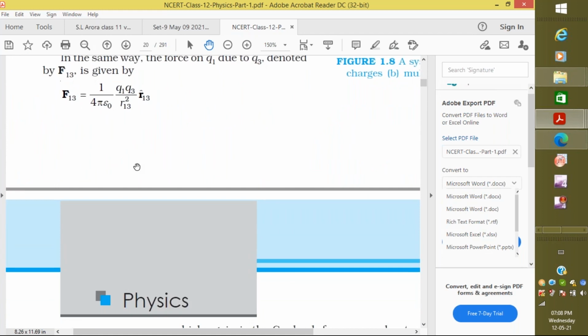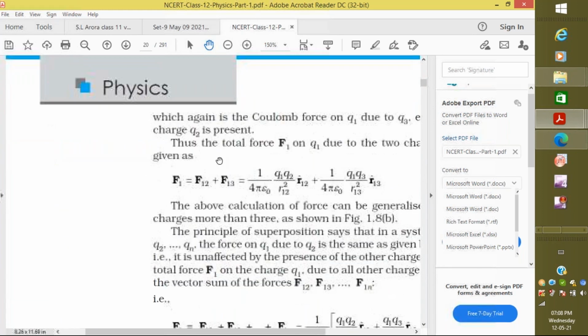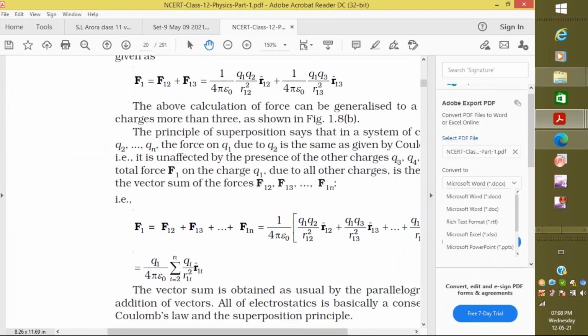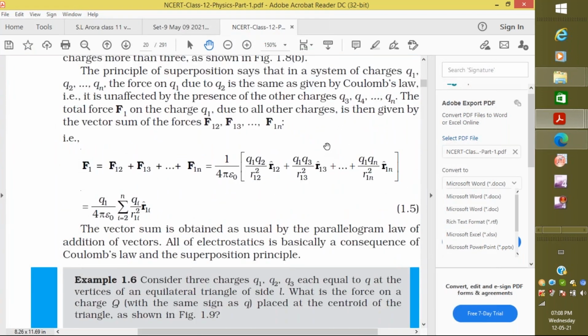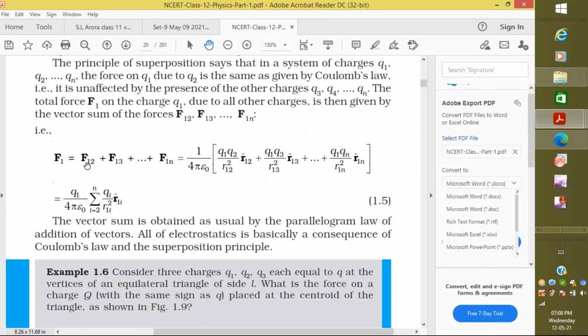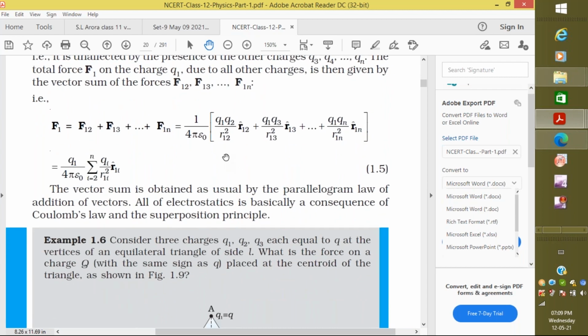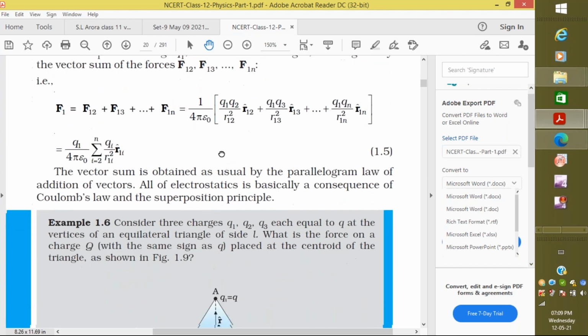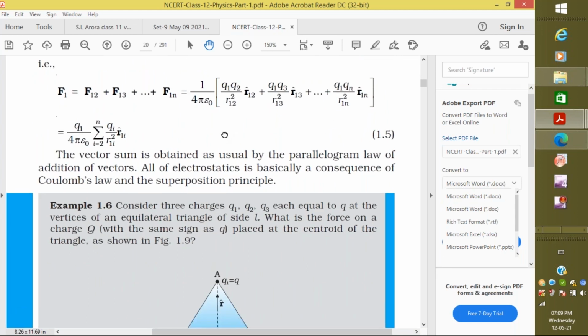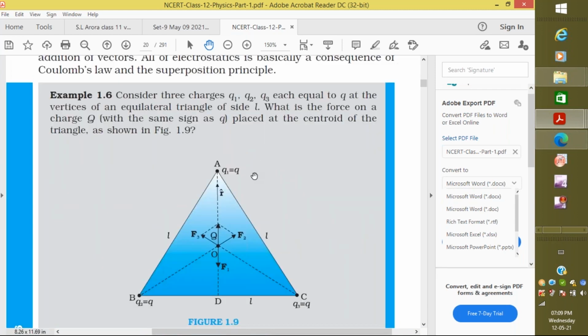Then due to 3, what is the force? F13. Similarly F14 also. If you have n number of charges, you can calculate the individual forces and take the vector sum, not the algebraic or scalar sum. You have to take the vector sum.